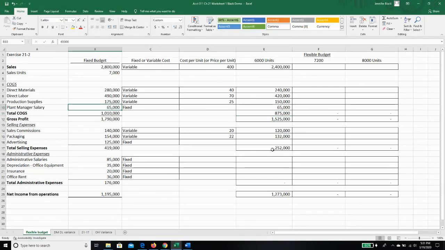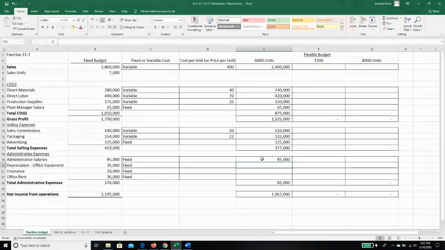So my 65,000 comes over. My 125,000 for advertising is unchanged, as are my administrative salaries, my depreciation, my insurance, and my office rent.